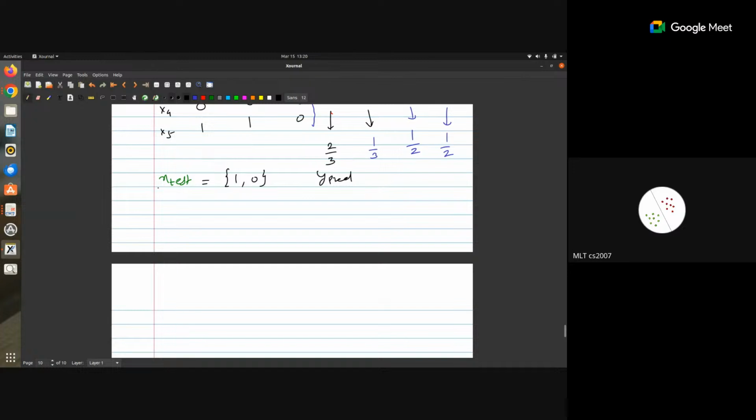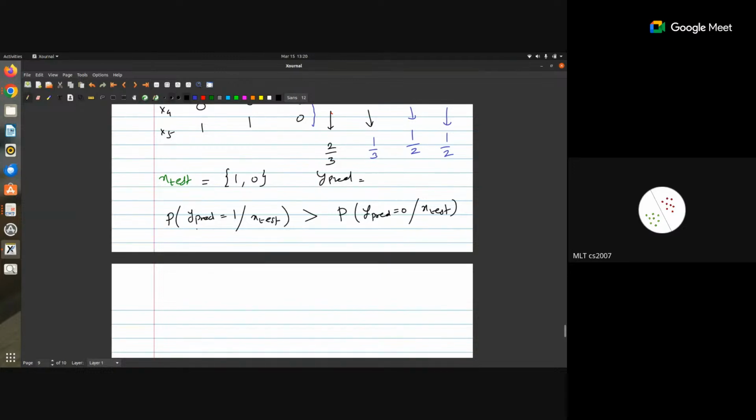So we just have to find out, given x test, the probability of y prediction equal to 1, and we need to find out the other probability, which is y prediction equal to 0 given x test. Whichever probability is higher, that is the label we predict.